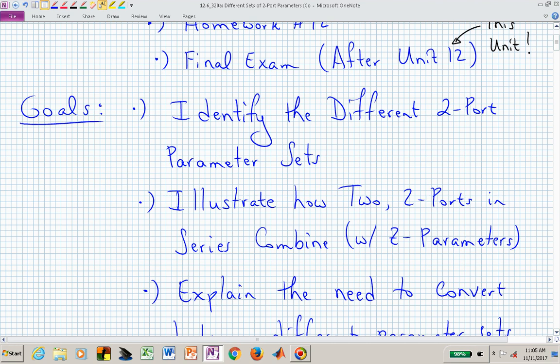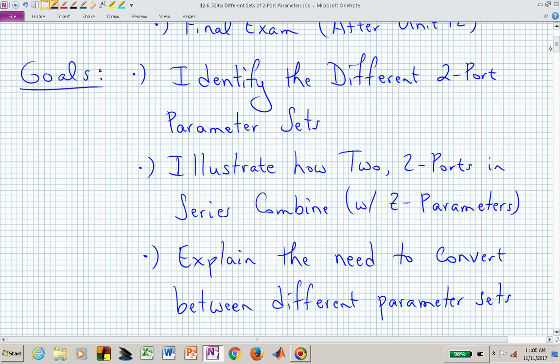And now what we want to do is try to combine those or illustrate how we might be able to utilize these in even more ways. And one of those is to combine two-port networks into one larger, but it still only would then have the 4 parameters associated with it.